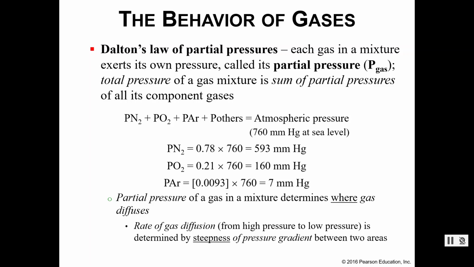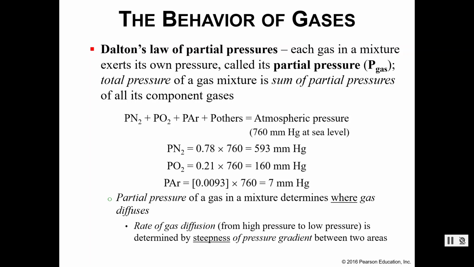The rate of gas diffusion, moving from a high pressure to a low pressure, right? Because diffusion is high to low. Now it's just pressure. The rate of diffusion, so how quickly the gas diffuses, is determined by the steepness of the pressure gradient itself.